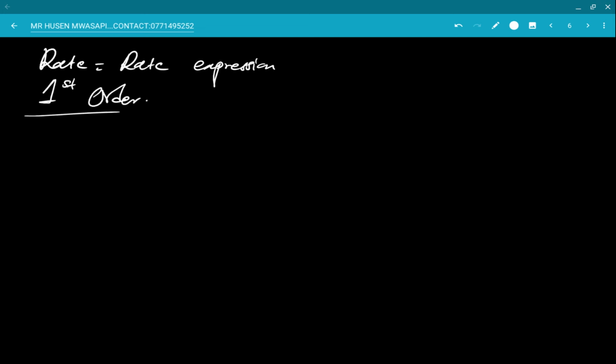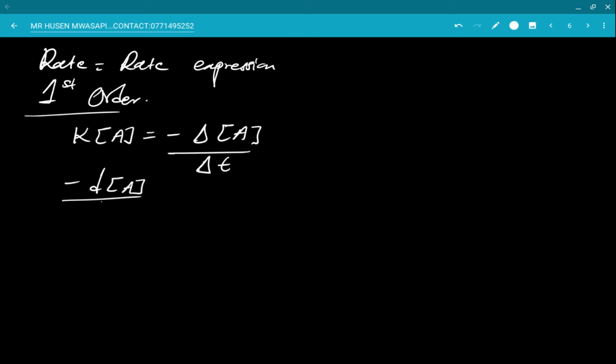For the first order, we know that the rate is going to be k concentration A, being equal to minus change in concentration of A over change in time. Then we can change up the triangles and put these. This will be minus d[A]/dt being equal to k[A].